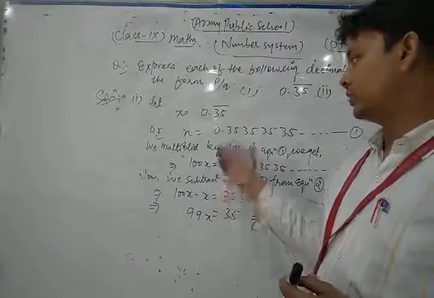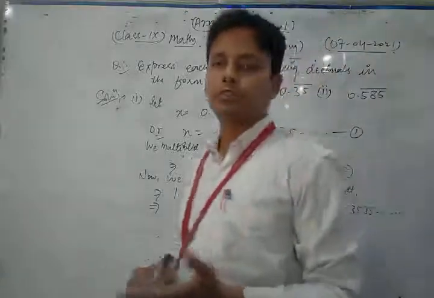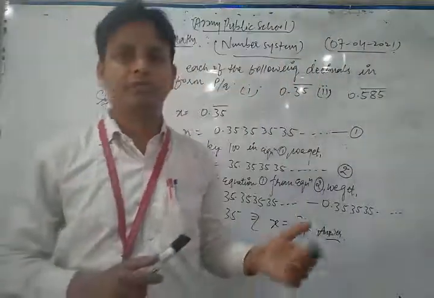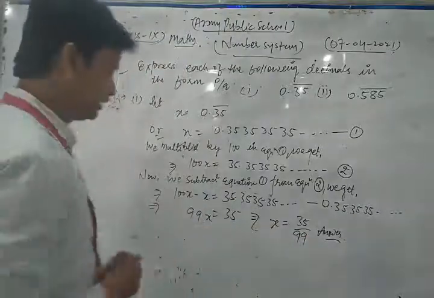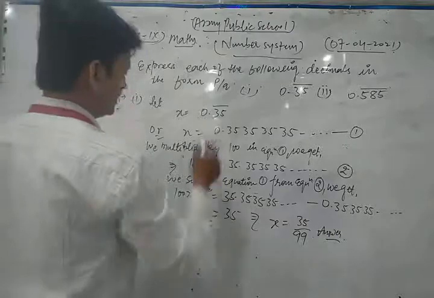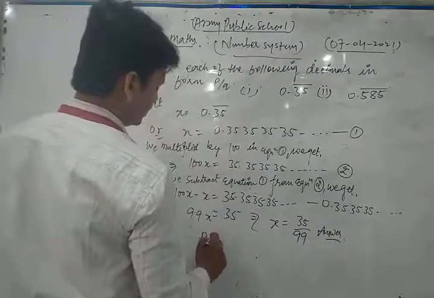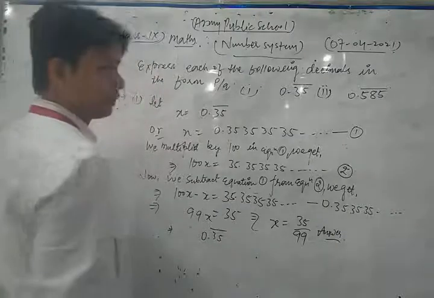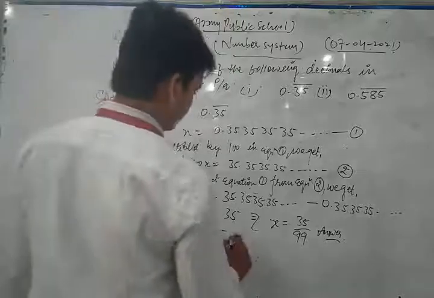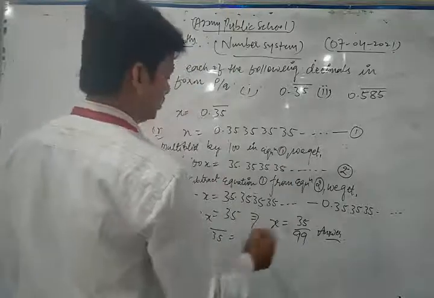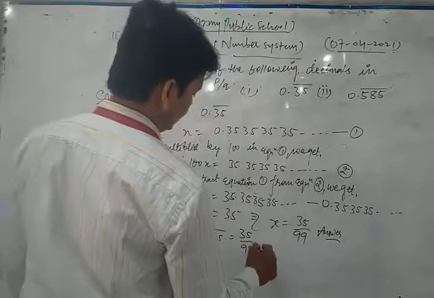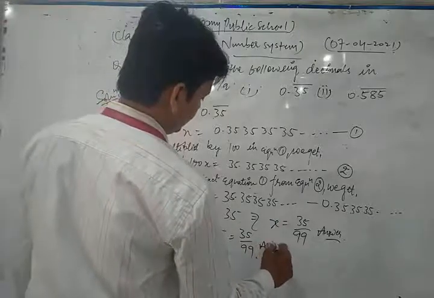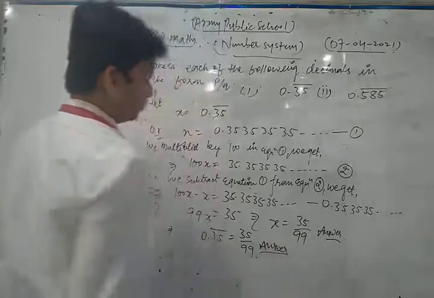Then we subtract equation 1 from equation 2, and in this way we get the value of x, which is our required solution. Thus we write 0.35 bar in the form of P upon Q as 35 upon 99.